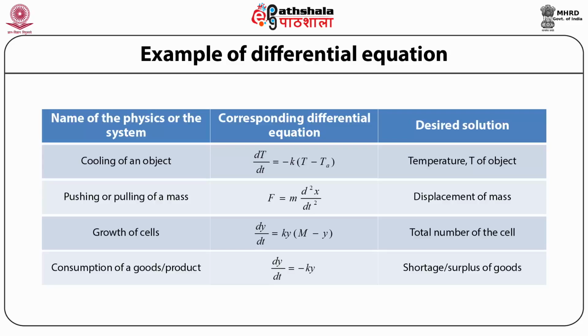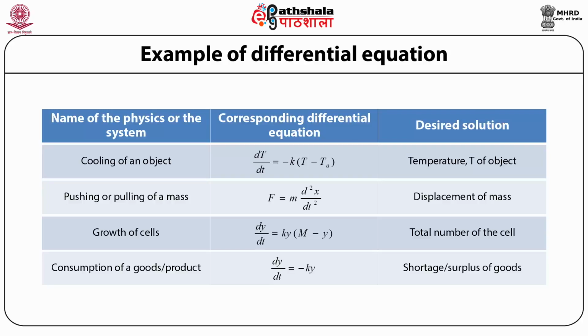The second example is pushing or pulling a mass or an object. The differential equation related to that is the force required is equal to m, a proportionality constant, times d squared x by dt squared. Here dx is the displacement and dt is the time during which the displacement happened.